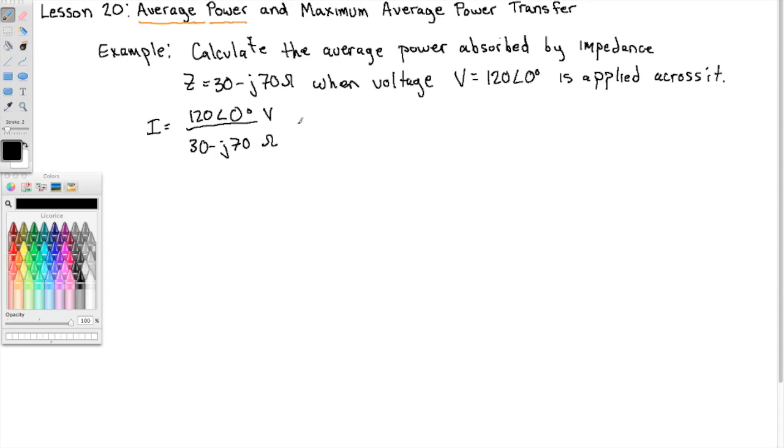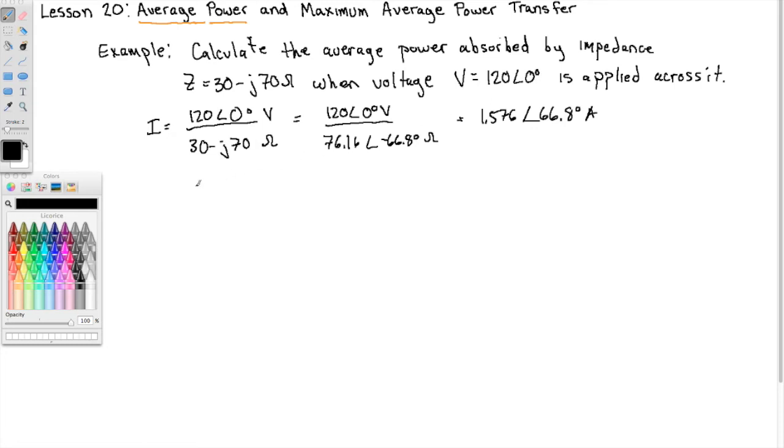We can convert the denominator to polar if we like: 76.16 angle negative 66.8 degrees ohms, and do the division, and we get the current as 1.576 angle 66.8 degrees amps. Okay, so there's the current going through this impedance.